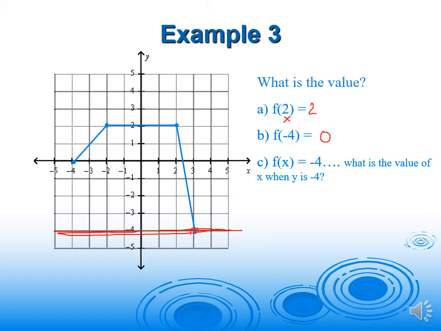And we find the x value at which that occurs, which is here. So it occurs when x equals 3. f of x equals negative 1. So again, same idea. Where's the y value negative 1? That's along this line here. So the x value at which it occurs is about 2.5.